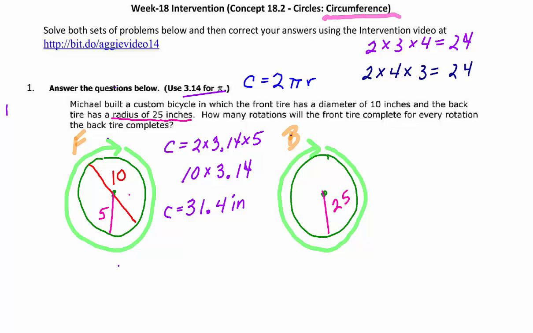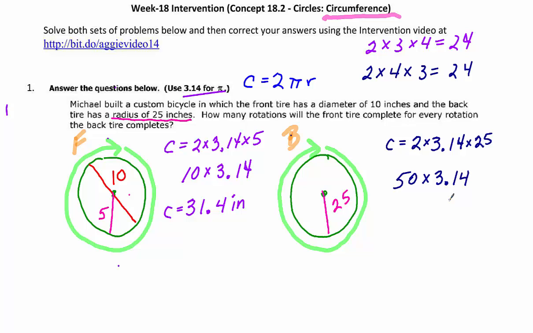Let's go to the back tire. For the back tire, I have circumference equal to 2 times 3.14 times 25. So this one's going to be 2 times 25 is 50 times 3.14.